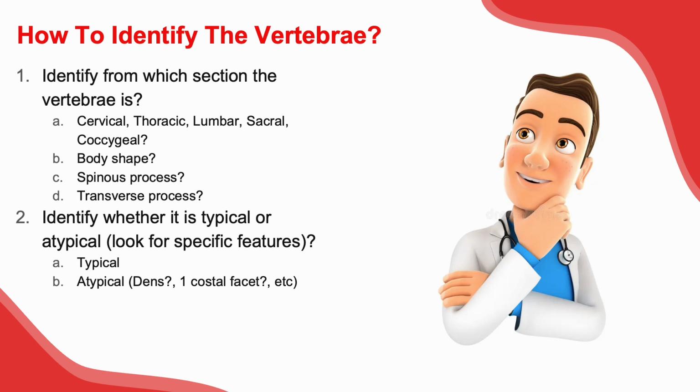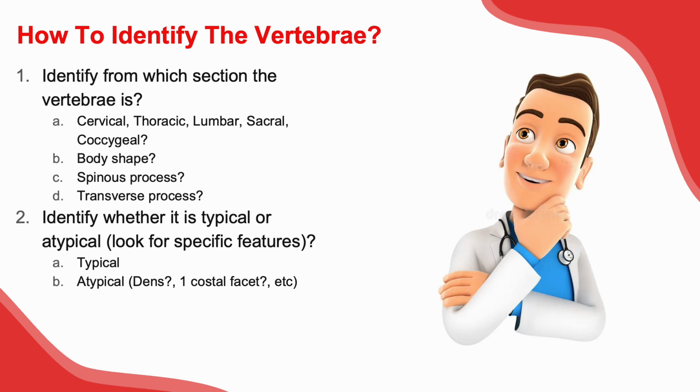So, after we finished discussing all of the features of the different segments of the vertebral column, you now might ask yourself, how can I identify this vertebra? I'm in the OSPE and they bring me a vertebra in front of me. How can I identify this vertebra? So to identify the vertebra, first you must ask yourself, okay, what segment did this vertebra come from?